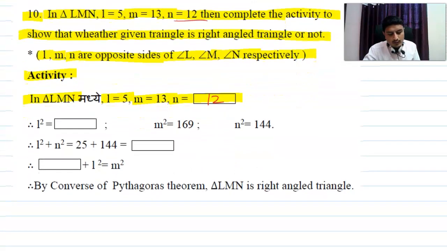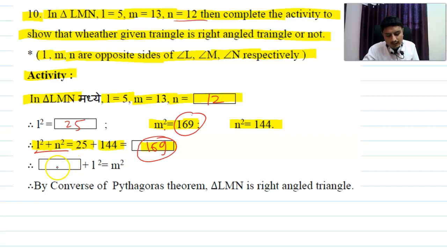Now L square equals 5 square, which is 25, while M square equals 13 square, which is 169, while N equals 12, so N square equals 144. So L square plus N square equals 25 plus 144, which is 169. So L square plus N square equals 169, and that is equal to M square.